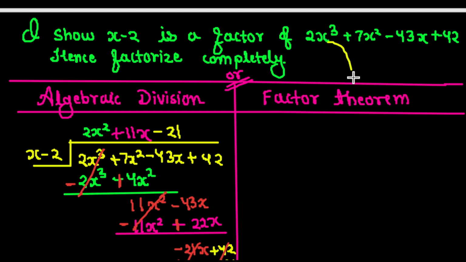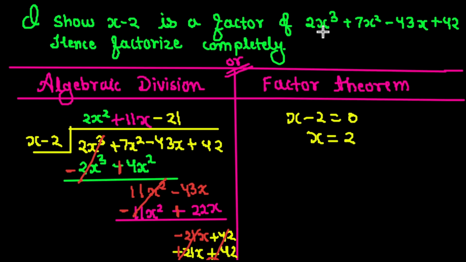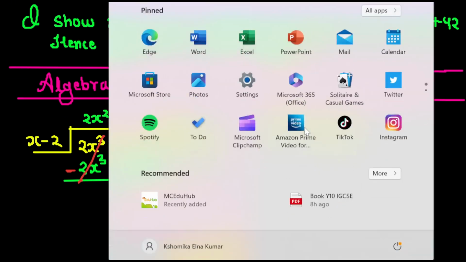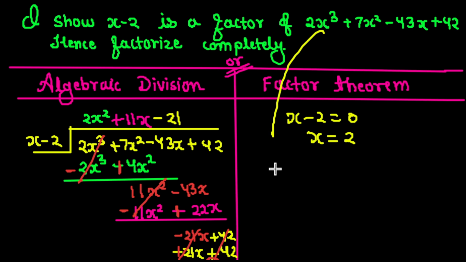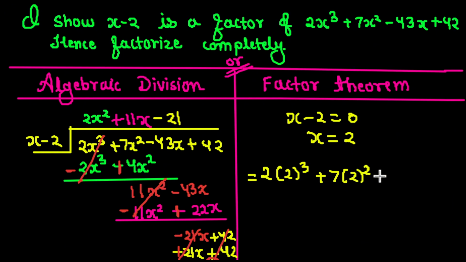So simply use your equation, but replace the x value with a 2. So x minus 2 equal to 0, x would be 2. And we will copy our equation down here, and replace the x with 2. So 2 cubed, plus 7 times 2 squared, minus 43 times 2, plus 42.